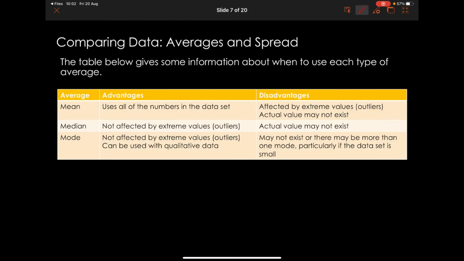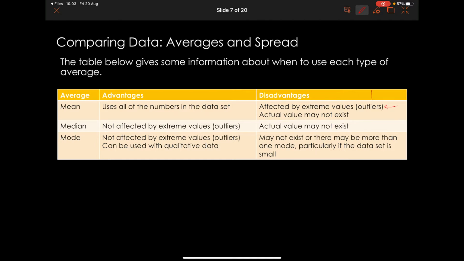So the mean. The mean uses all of the numbers in the data set. It's affected by extreme values such as outliers. We talked about outliers when we did scatter graphs. So let's say that you're taking some shoe sizes of a year 7 class, and the majority of those shoe sizes are between 3, 4 and 5, and then you randomly get someone who's a size 10.